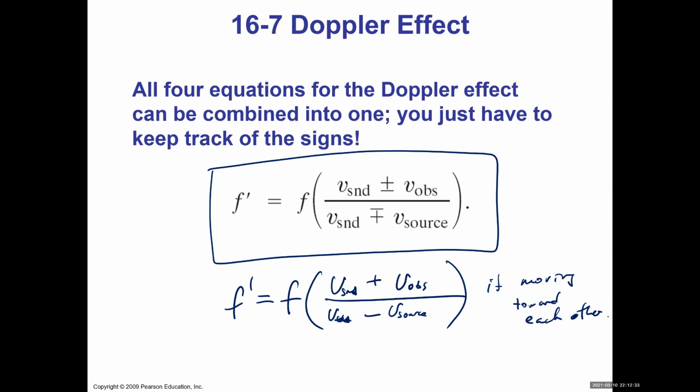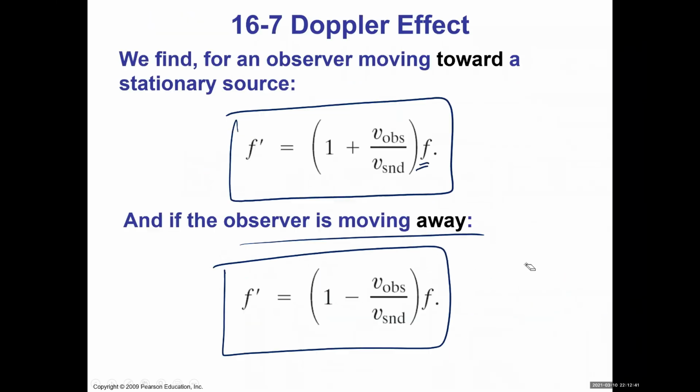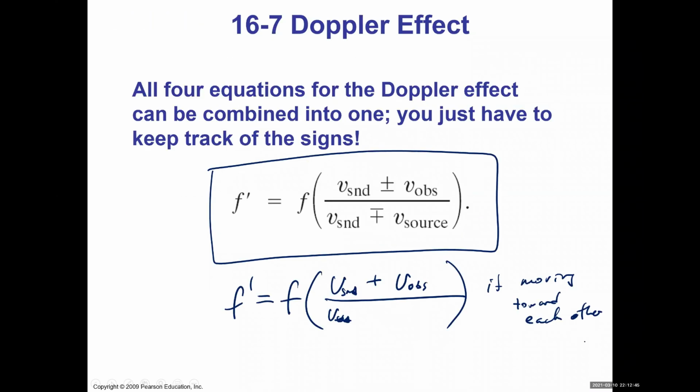That means, for example, if the source velocity is 0, then this term is 0, and you basically have this equation right here. But if the observer velocity is 0, then you have the equation when the source is moving toward the observer, with the observer having 0 velocity. So this can be used for moving toward each other.